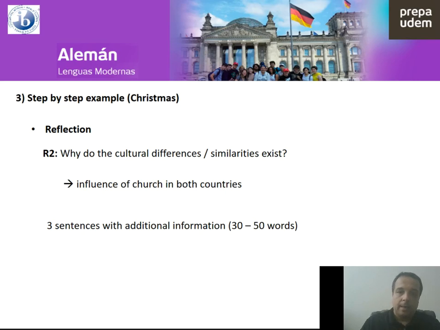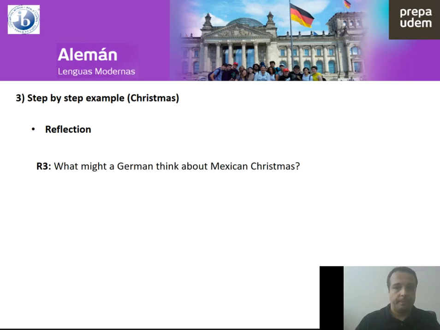You can say, for instance, the German and Mexican Christmas celebrations are very similar because both countries have a Catholic influence. But in Mexico, 90% or 95% of the people are Catholic, and in Germany just 25 or 30%. That you give additional information about your argument. Again, develop your argument, 30 to 50 words.